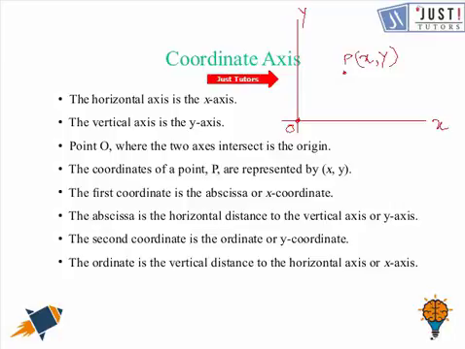In this case, this distance is x. And then the second coordinate is the ordinate or y coordinate, and it is the vertical distance to the horizontal axis or x axis. So this much is y. Therefore we get the coordinates of point P as x, y.